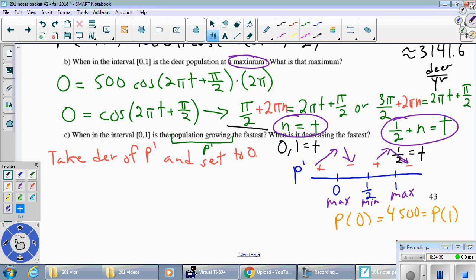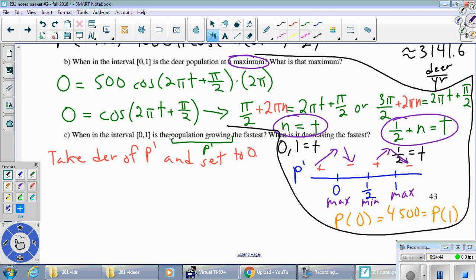So we're going to say that all of this goes with the question above. Okay, so yeah, good. All right, so we're taking a derivative of P prime.